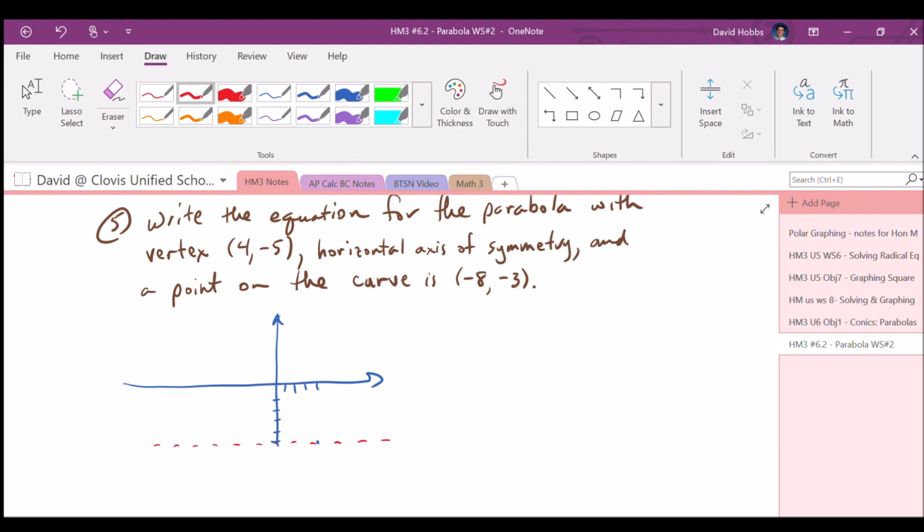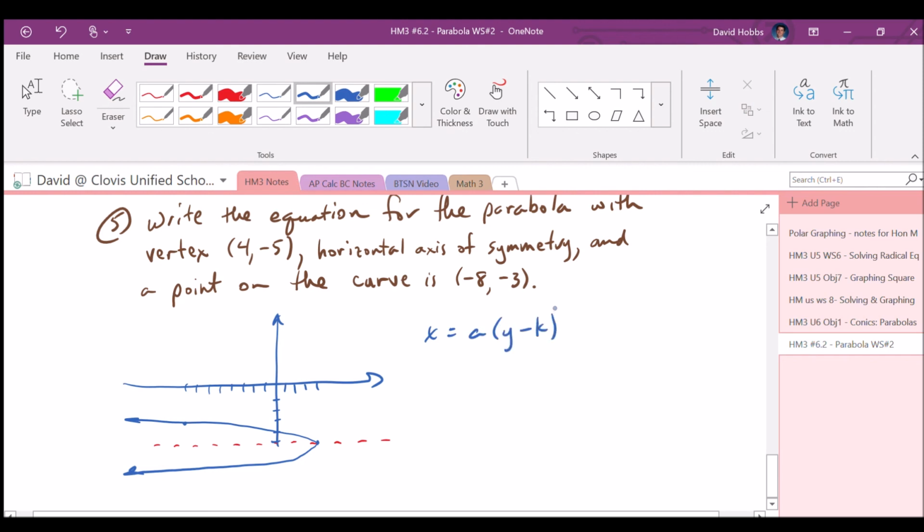A point on the curve is negative 8, negative 3. So point on the curve right about there. And here's the vertex. Oh, this one must be opening to the left. Okay, so since it's to the left, I know it's x equals a times y minus k quantity squared plus h.